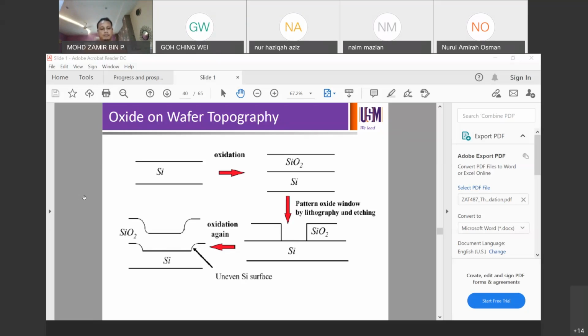Because there is no oxide in the silicon yet, so it is easy for the oxide to diffuse in the silicon layer. Okay. So maksudnya reaction lebih senang, lebih cepat sebab there is no oxide on the silicon as a barrier, kan?